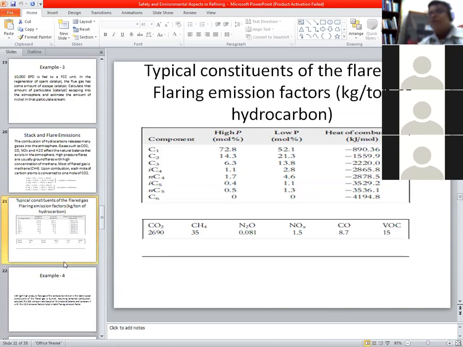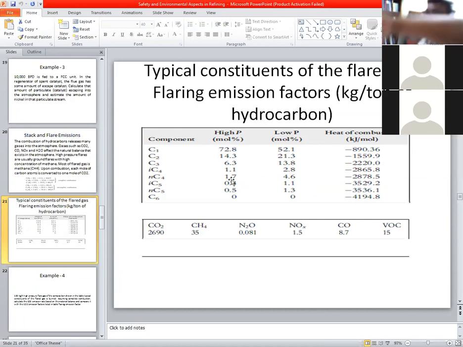So we calculate one way using the emission factor, and another way using material balance with the molar composition, and then compare.